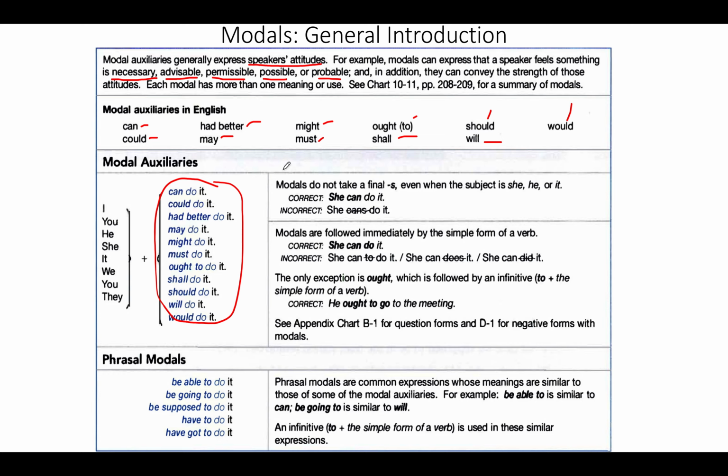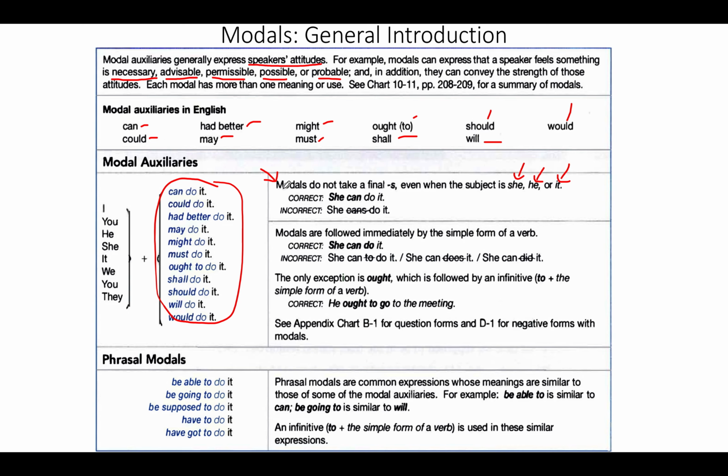First, modals do not take a final s, even when the subject is she, or he, or it, as we have it here. Normally, we know that when we have the third person singular in present simple, we should add s at the end of the verb.